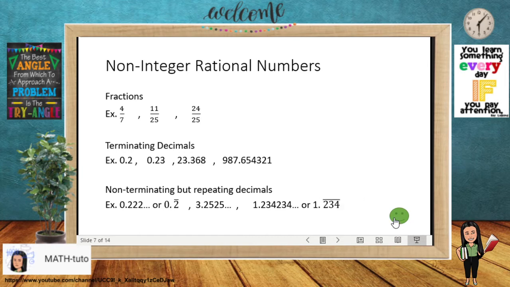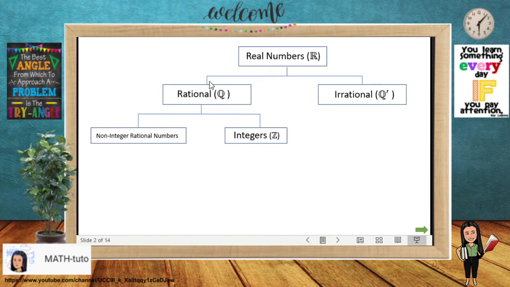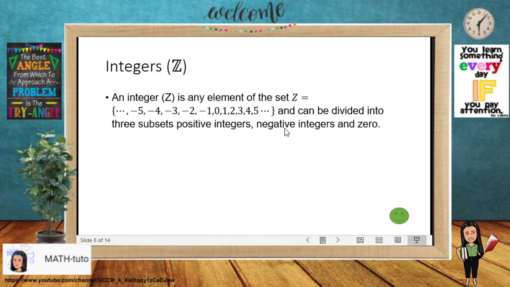Those not included in that group are integers. Integers is any element of the set that consists of these numbers, and it can be divided into three subsets. We have positive integers, negative integers, and 0.